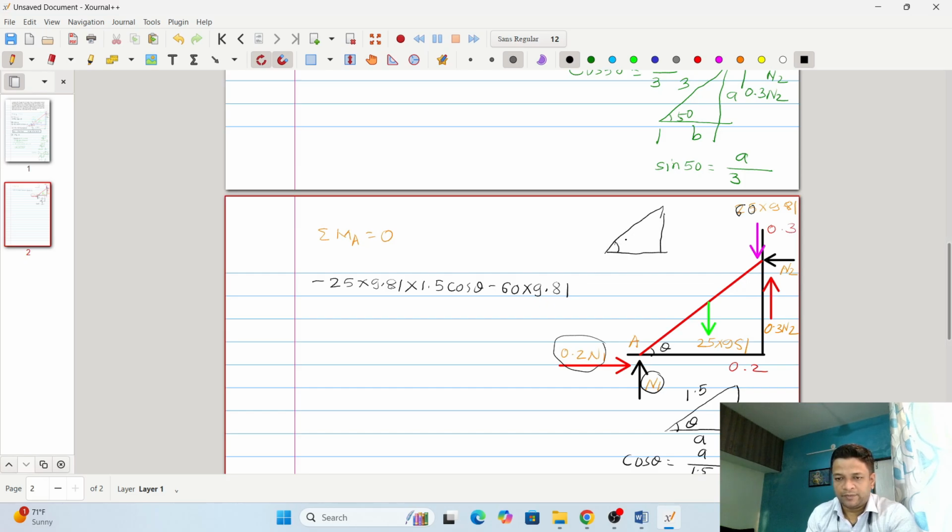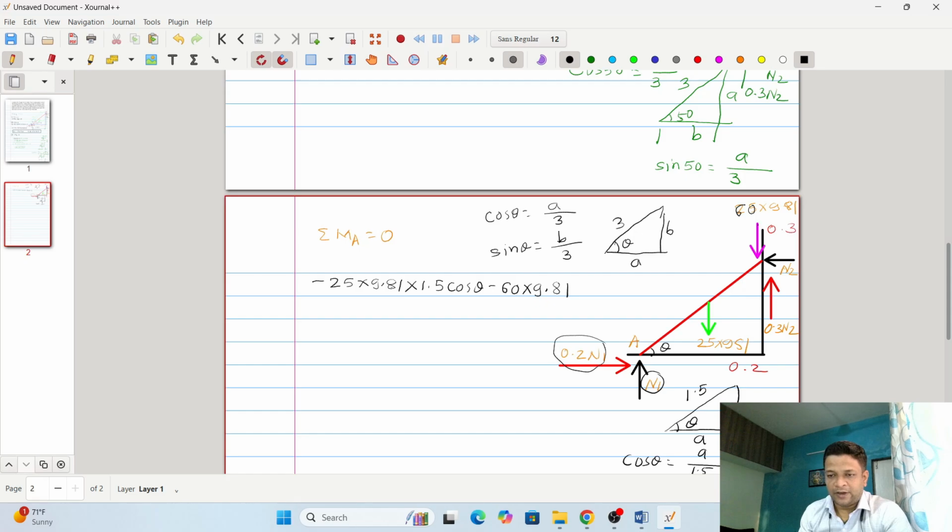This value is theta, this is side A, this is side B. To get side A, we can use the cos theta relation. Cos theta is equal to A divided by the hypotenuse, which is the length of the ladder, that is 3, and sin theta is equal to opposite B divided by 3.